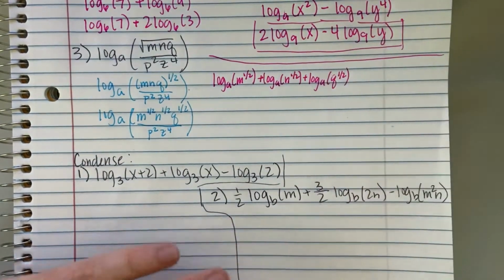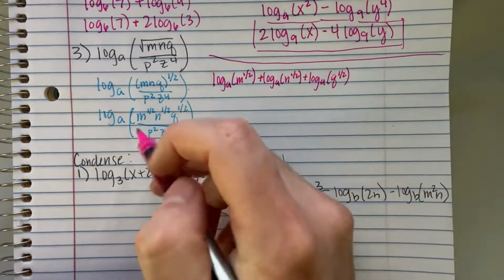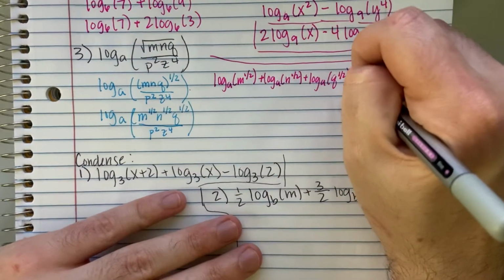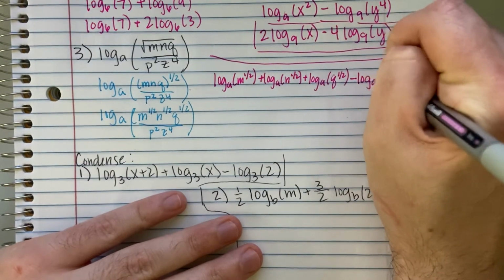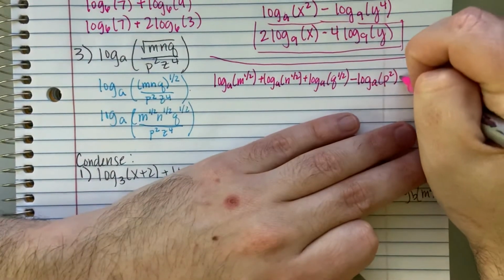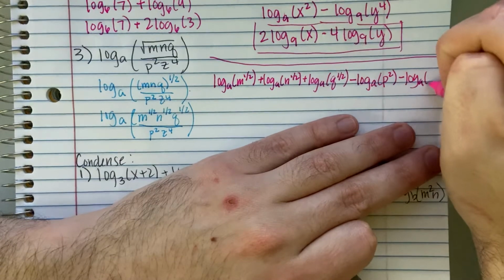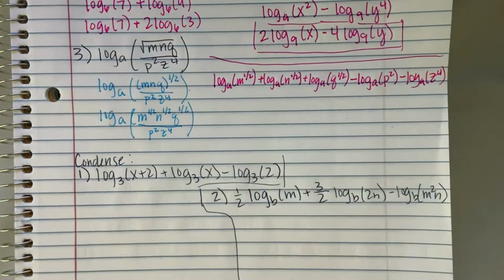Those are our 3 in the numerator, so they all got positives. P squared and z to the fourth are in the denominator, so they're going to get negatives. Minus log base a of p squared minus log base a of z to the fourth.